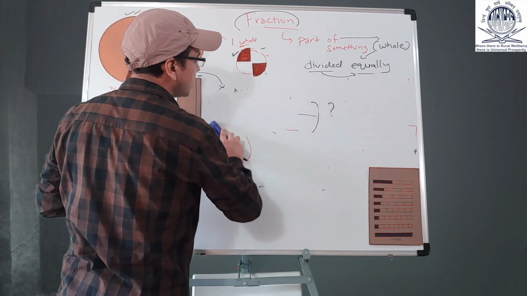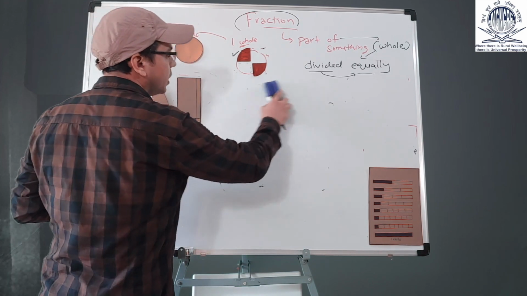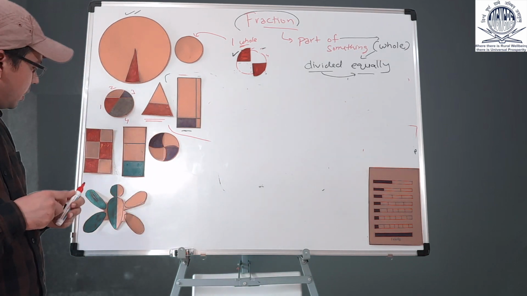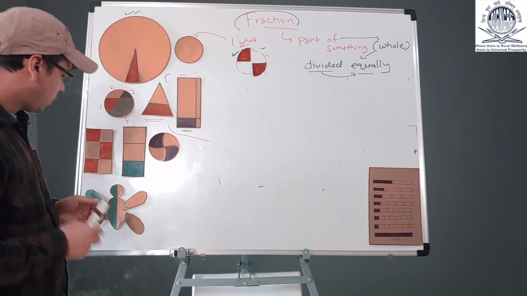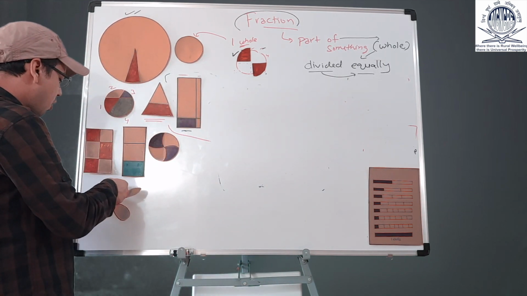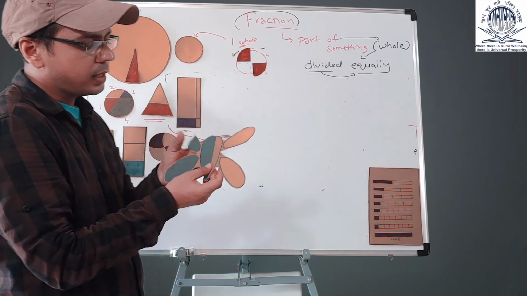Now let's try to rub and look at some very interesting figures over here. So I'll just rub this, and I got a very interesting figure with me, which I'll try to remove from the board as well, and let's see if this works for us. This figure is kind of a toy which we are using for learning fractions.